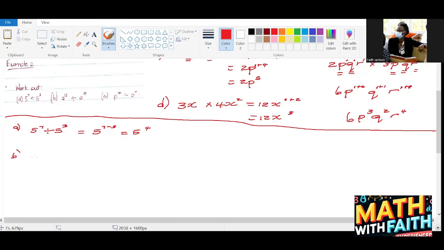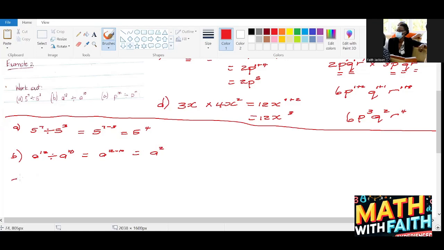B. a to the power 12 divided by a to the power 10. That is equal to a, same base, a, to the power 12 minus 10, we minus the indices, and that gives us 12 minus 10 is 2, a squared.